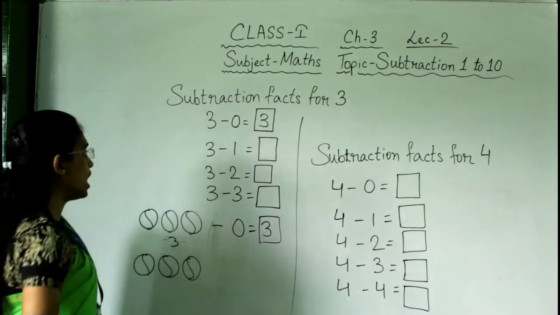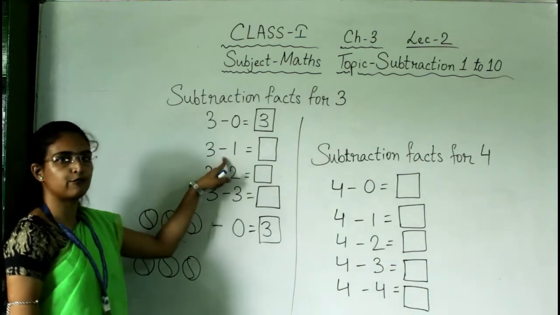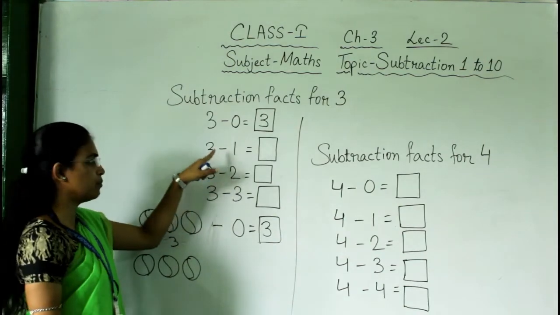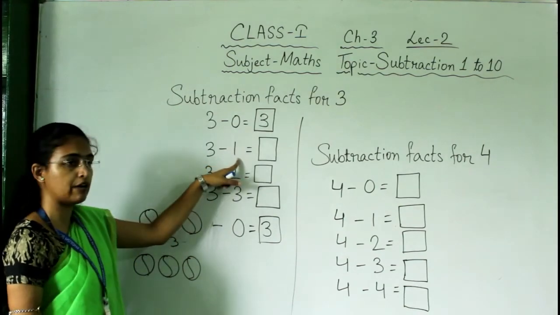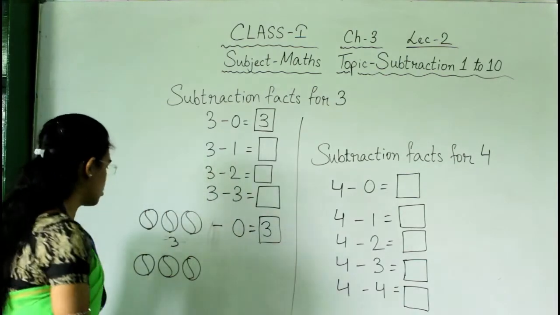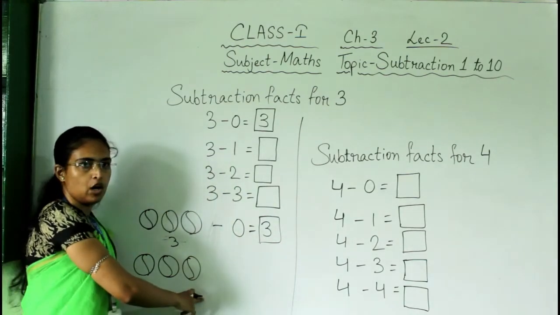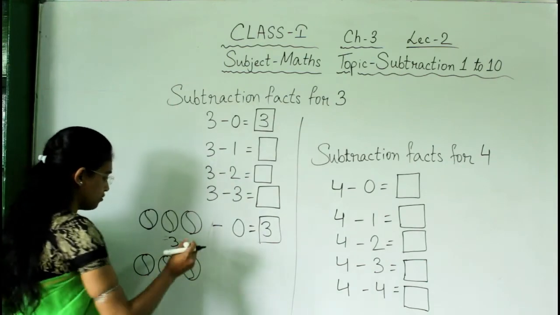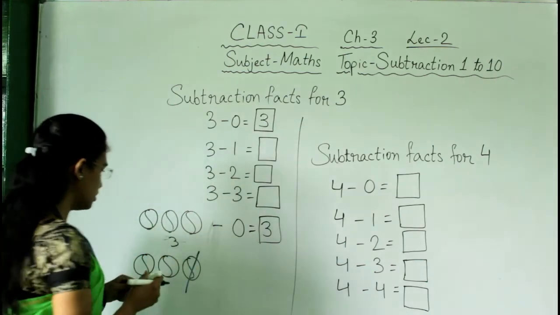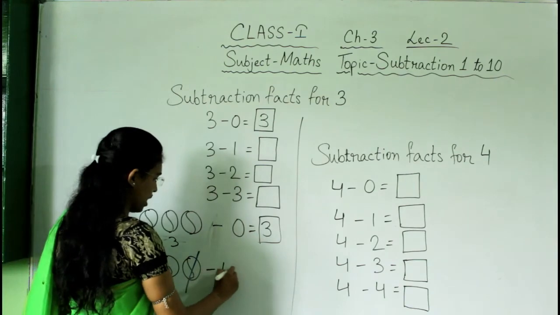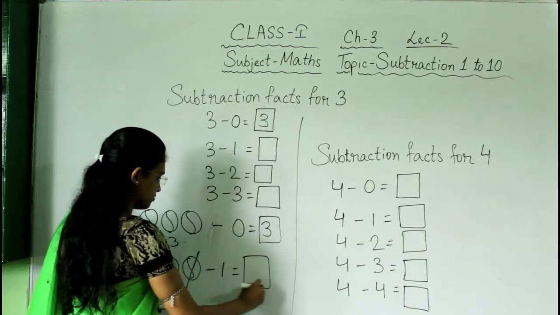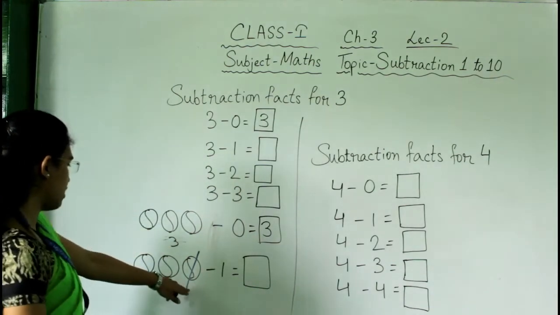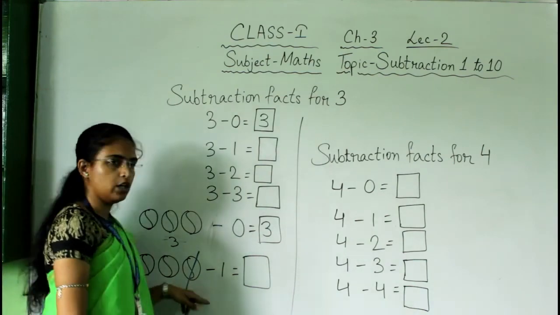Now you have to subtract. You have to minus. How many do you have to subtract? 1. So from these 3 balls, if you give 1 ball to your brother, how many balls do you have now? You have given 1 ball to your brother.